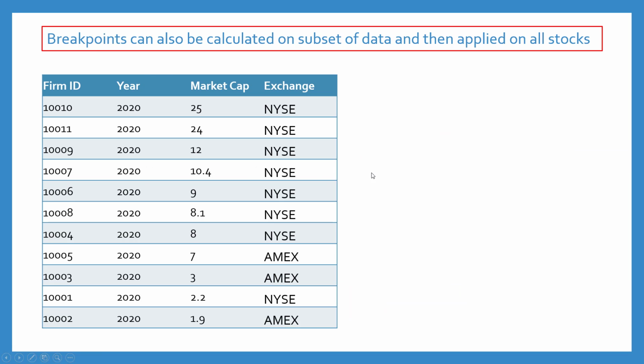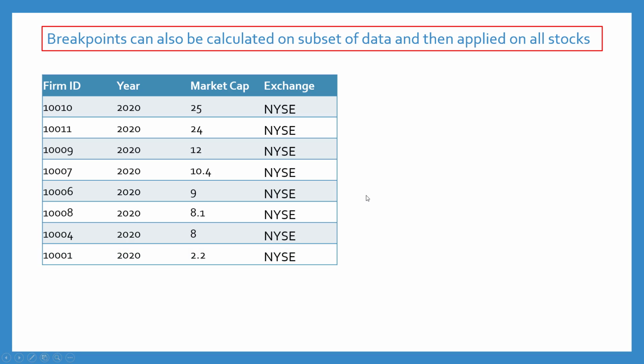The breakpoint can also be calculated on a subset of the data and then applied on the superset or subset or totally another set of data. For example, over here we have stocks from NYSE, New York Stock Exchange, and Amex, American Stock Exchange. Now in asset pricing models, what they usually do is calculate the breakpoints on the basis of NYSE only and then apply those breakpoints to the whole data.